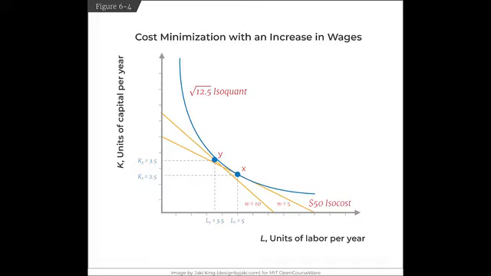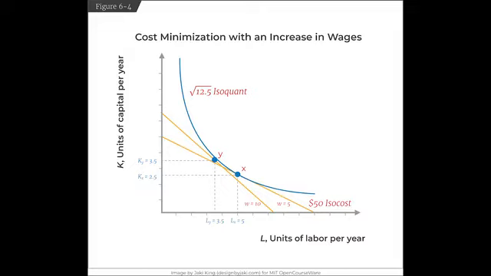And you'll see we choose a mix where we use fewer workers and more machines. And just as the substitution effect is always non-positive, as the wage rate rises, the price of the good on the x-axis rises. You'll unambiguously use no more and almost certainly fewer workers.